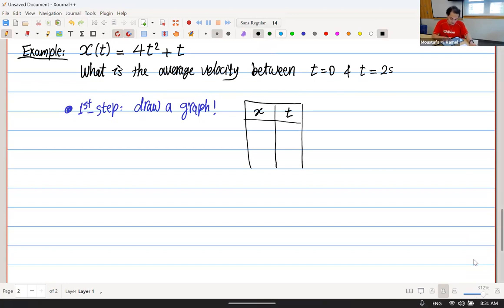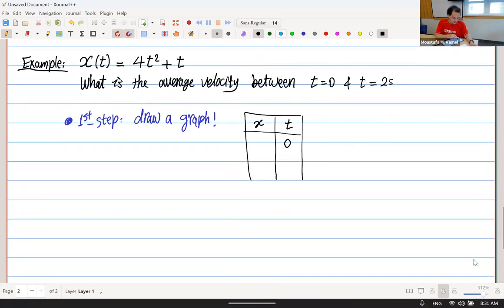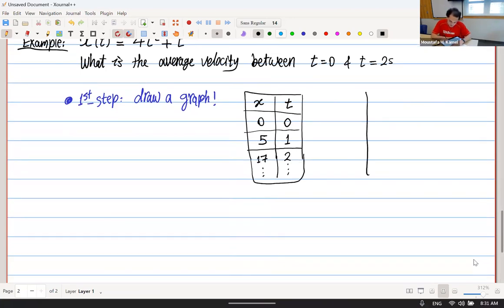T versus X. So if T is 0, I look at X and substitute 0. So 4 times 0 squared plus 0, I get 0. Then at 1, you get 1 plus 4 times 1, so that's 5. Then at 2, you do the same thing again, you get 17, and so on. So you choose a couple of points just to be representative of the graph you want to draw.